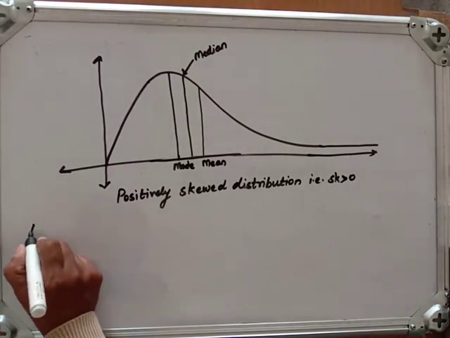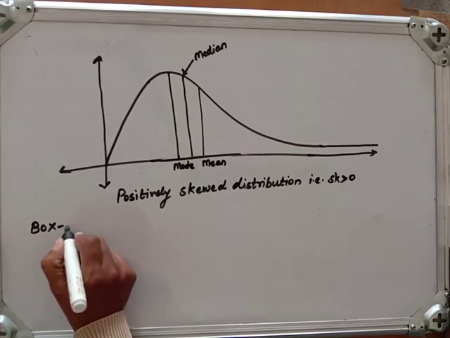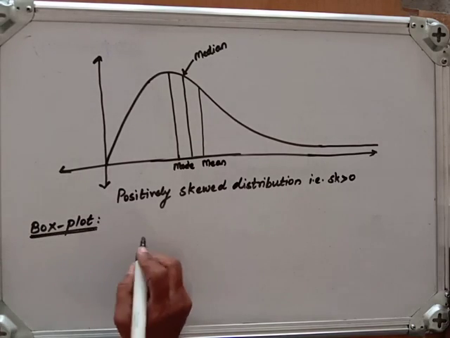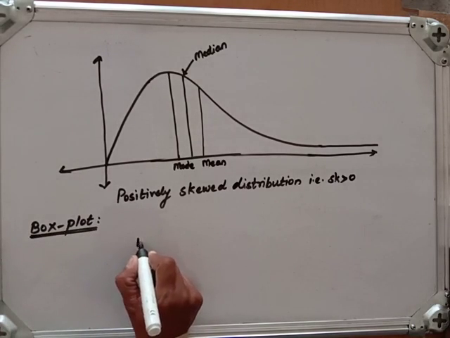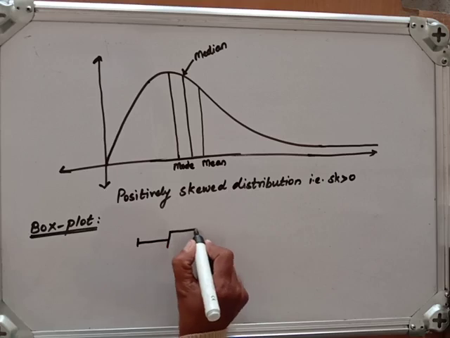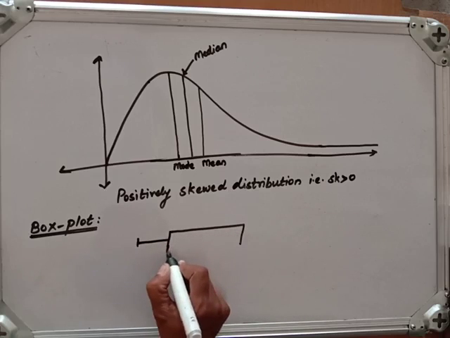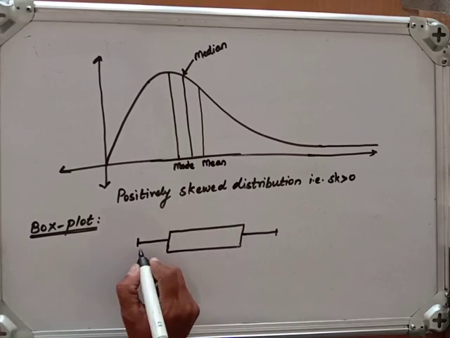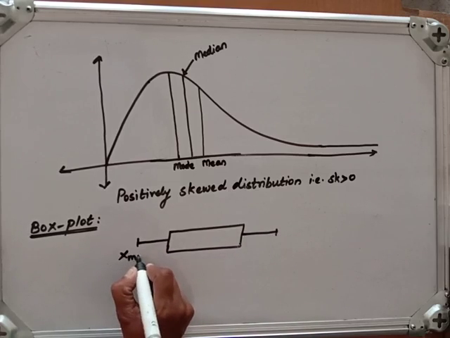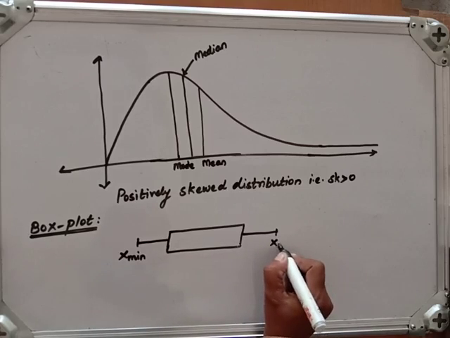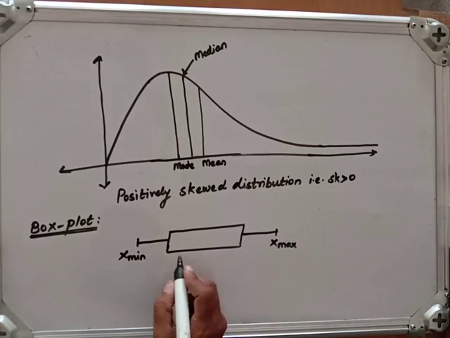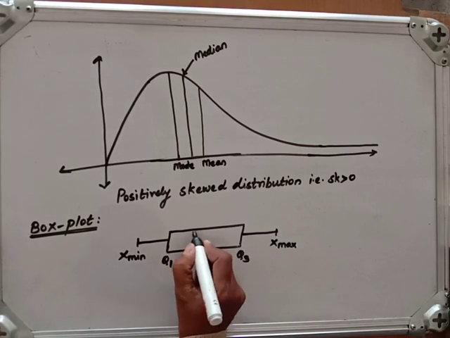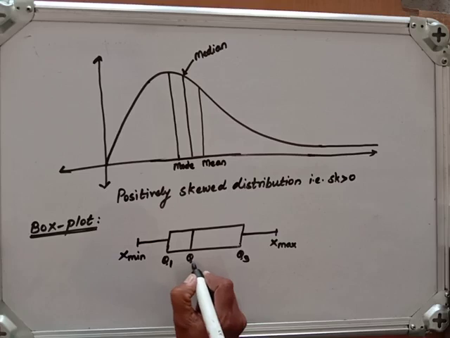Now let me show how it looks in a box plot. We have already learned box plot in the second chapter. So in a box plot there is a range, x minimum, x maximum, and then we find quartiles, and we make such a box there. So here suppose x minimum, here suppose x maximum, obviously, then this is q1, this is q3, and somewhere here q2 occurs.